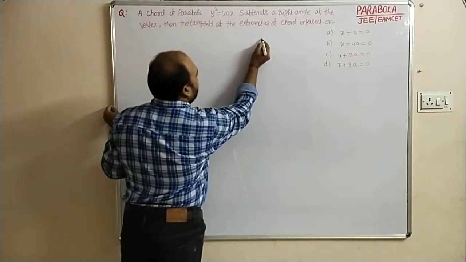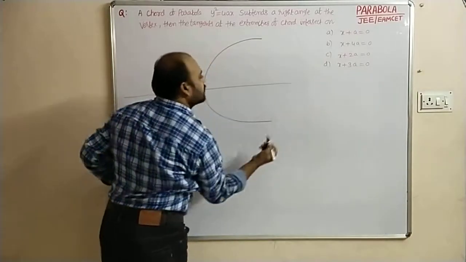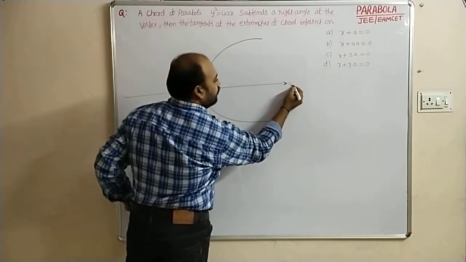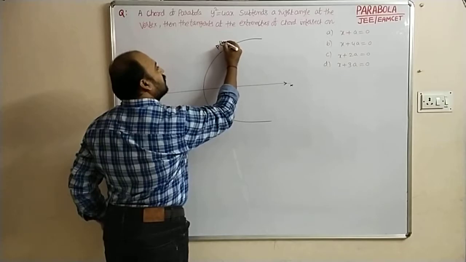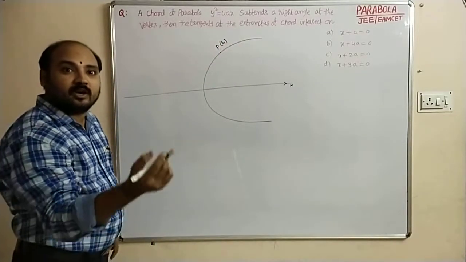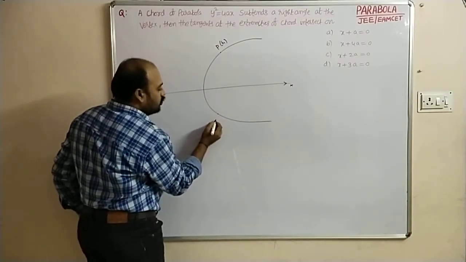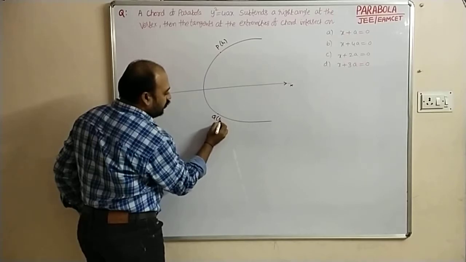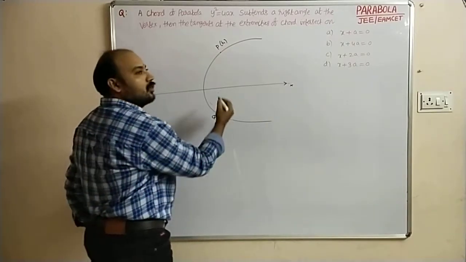So here is the parabola y square equal to 4x, and this is the axis of the parabola. Here the point P of t1, we know that P of t1 is at1 square comma 2at1. Here the point Q of t2 is at2 square comma 2at2.